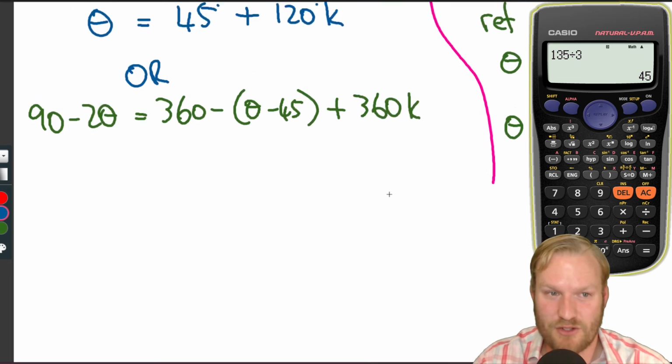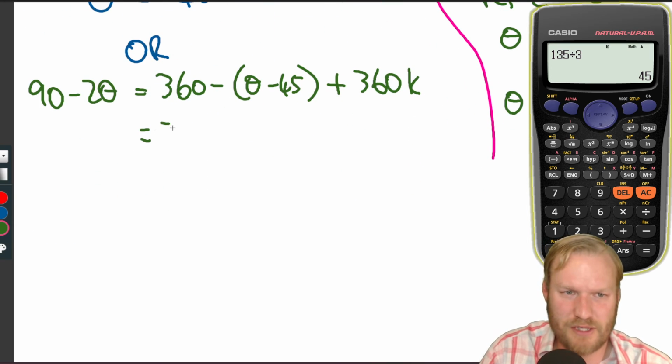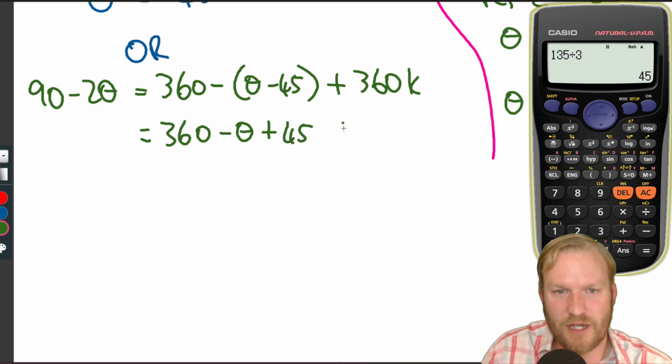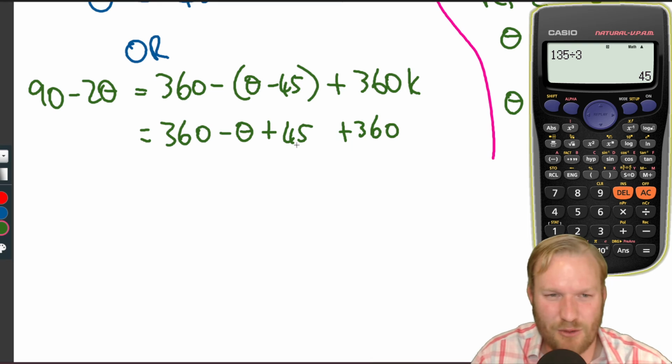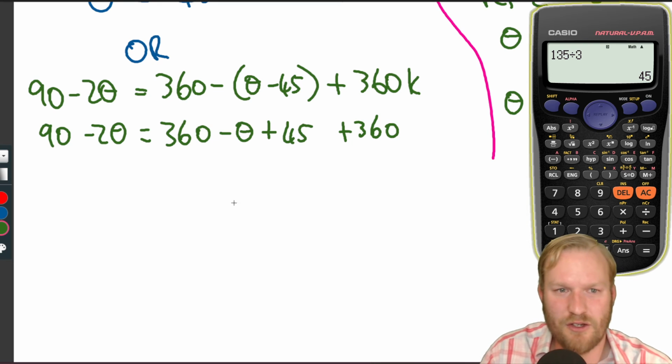And for our second solution, let's simplify this and not try to do too many steps in one. Maybe you're comfortable with it, but I like to see where I could easily make a mistake. So I'm going to add theta to both sides and subtract 90 from both sides.